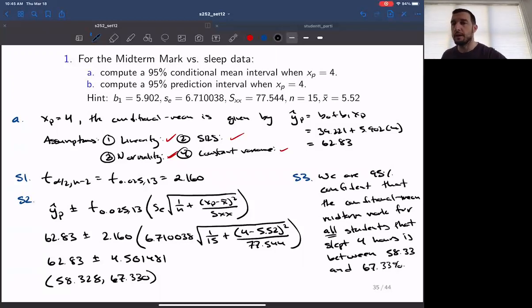Right, so what we're talking about here is the average score for every single student in the population that would sleep 4 hours the night before the test. So this is the mean score on that exam for all students that slept 4 hours. So somewhere between 58.3 and 67.3% on average.